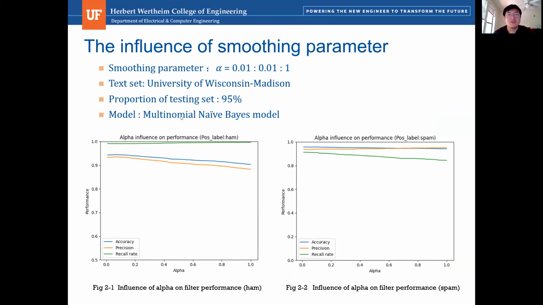According to this result, we find that if alpha increases, the accuracy and precision decrease when dealing with ham, and the recall rate of spam also decreases significantly. Hence, I decide to set alpha as low as 0.01 in the following tests.